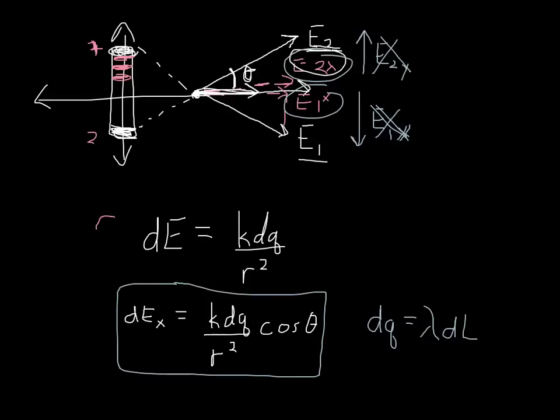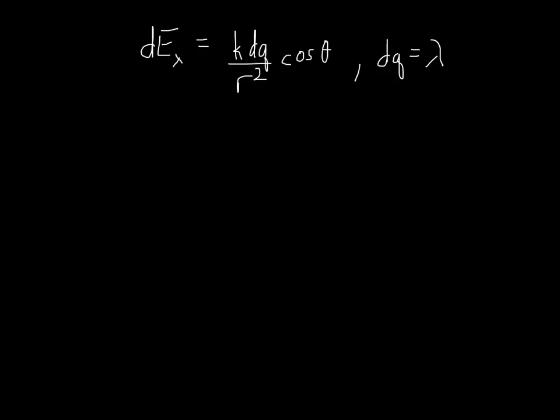Okay, so let's take a look at this. Let's plug in our dq. We'll find that dE in the x direction is equal to k times dq over r squared times cosine theta. Again, this is just a review. We already know what this is, and we know that dq is equal to lambda times dl.